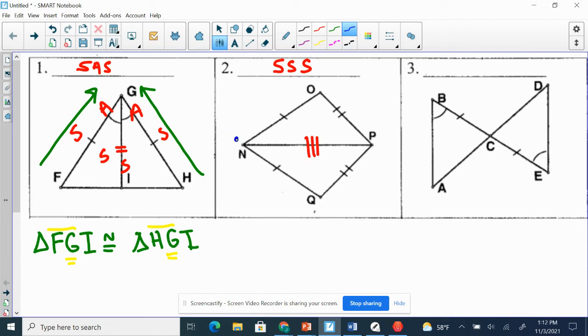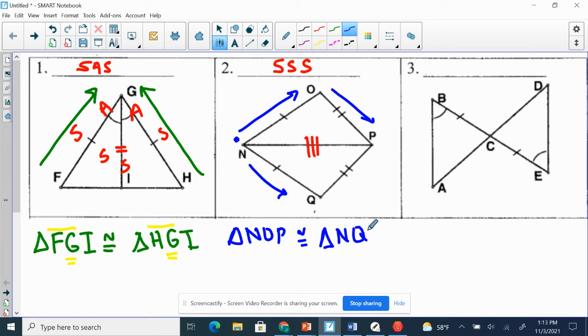I'm going to go from N, and we'll just start to the left, and I'm going to go towards O. So triangle N, O, and then to finish it, I need to go to P. Is congruent to triangle, I'm going to start again because N is congruent to N. Then I'm going to go to Q, and then I'm going to come up to P. And the reason you have to do that is because segment OP has to be congruent to segment QP.